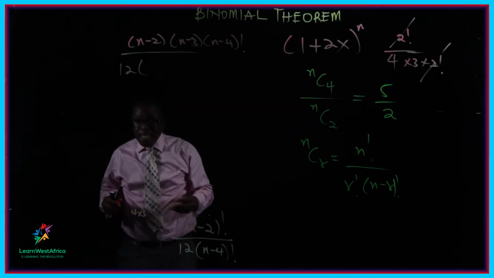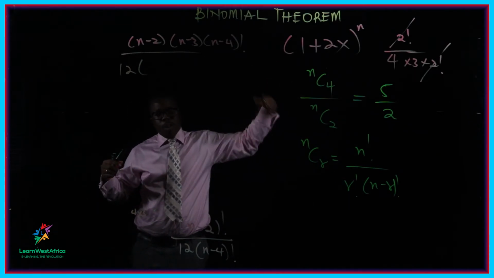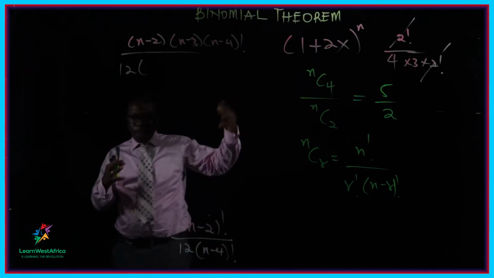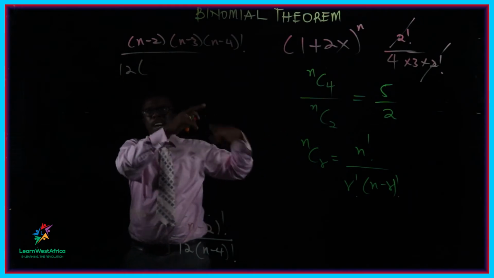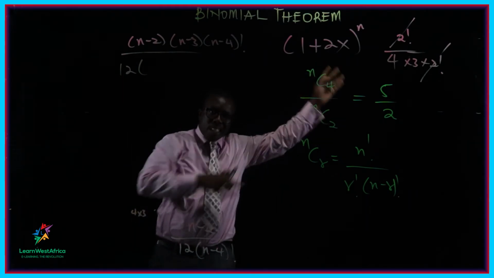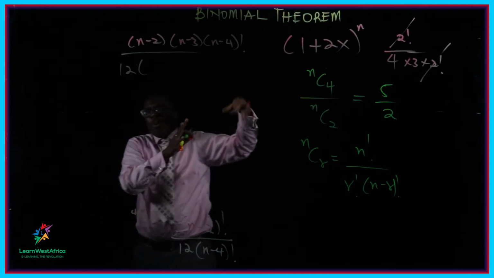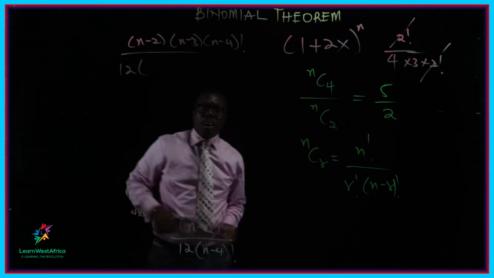Because you know factorial means that you just subtract 1 and you keep multiplying in a continuous multiplication format. So n minus 2 times n minus 3 times n minus 4 times n minus 5, and that keeps on going. And from n minus 4 going, the whole of that could be written as n minus 4 factorial.